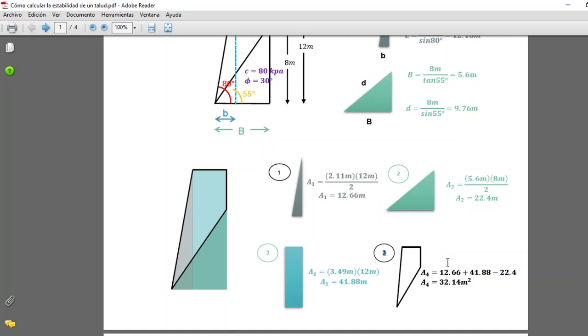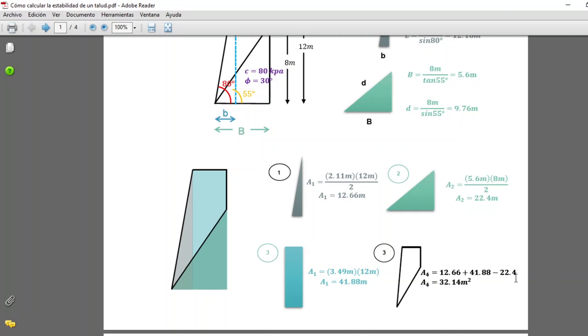We need to add area number 1 plus area number 3, less area number 2.